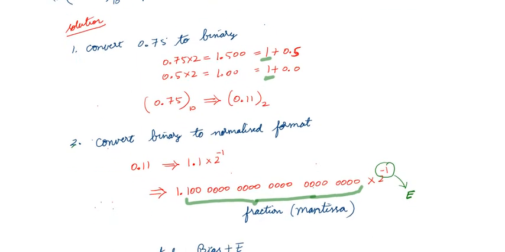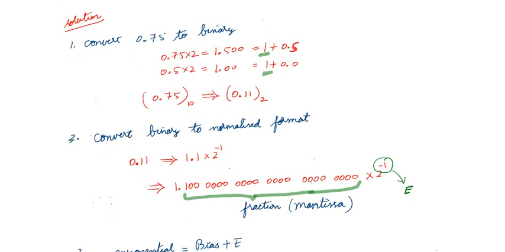Next step, we have to normalize it. That is, the 0.11, which is in binary, is represented in the normalized format. What is normalized format? On the left side of the binary point, you should have only 1. So we have 0.1 here, and we want to move this binary point to this position.